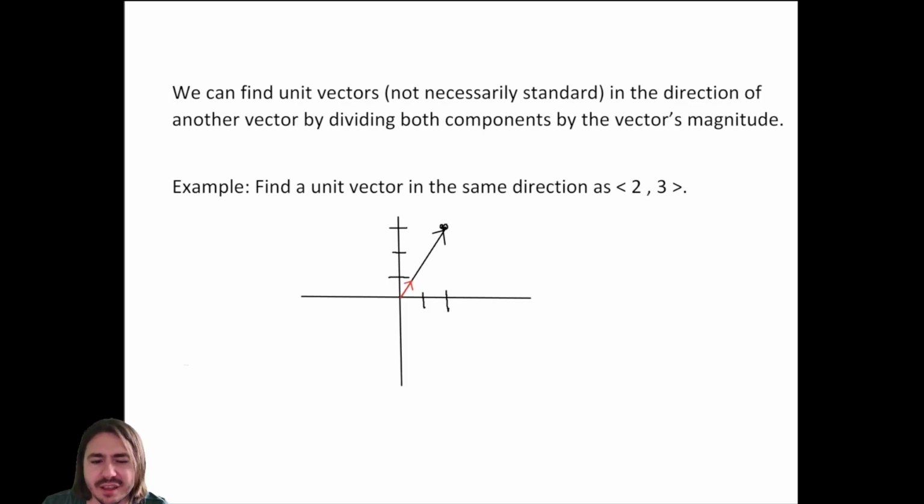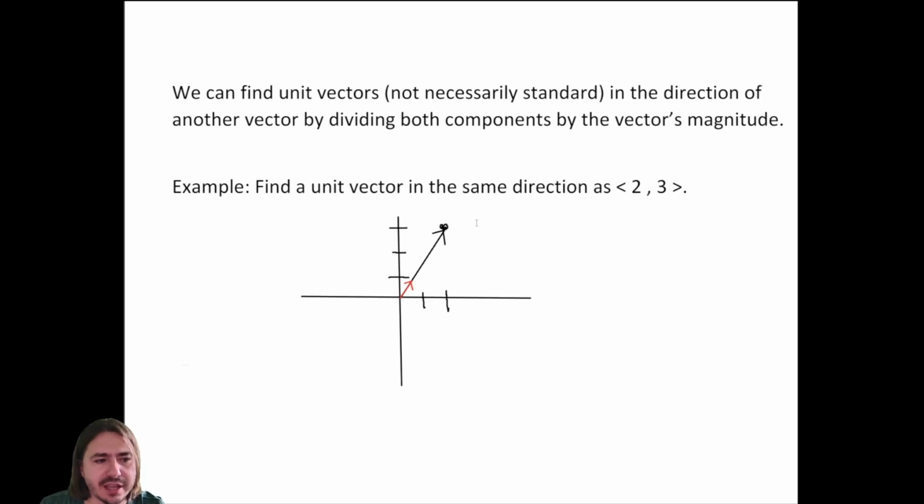Now finding this is not so bad. Basically, you want to multiply each of the components of your vector by a scale factor to shrink it. Let's say we multiplied it by 1/2. That would put it roughly here, which you can see is still bigger than 1. So we don't want to multiply it by 1/2. What you really want to multiply it by is 1 divided by the magnitude.